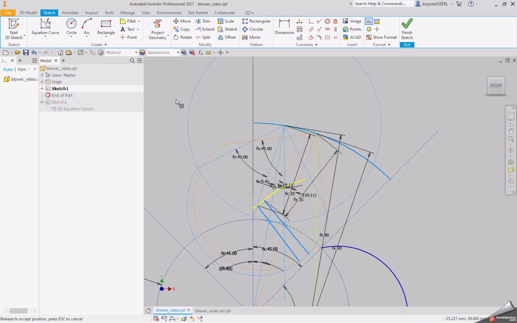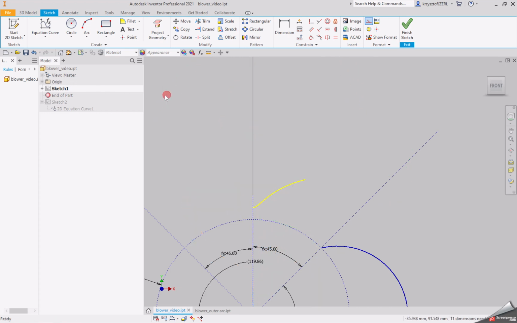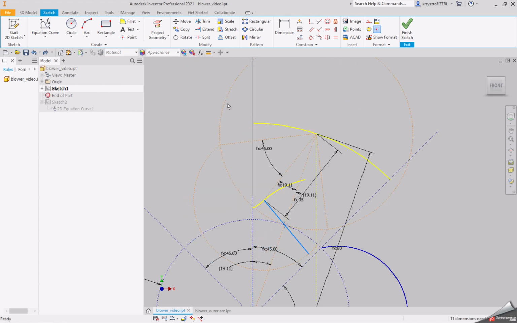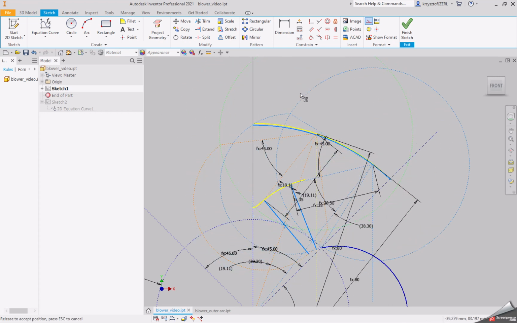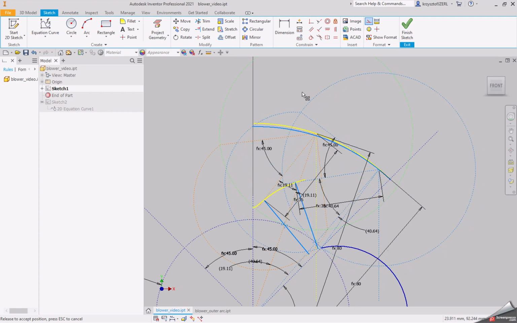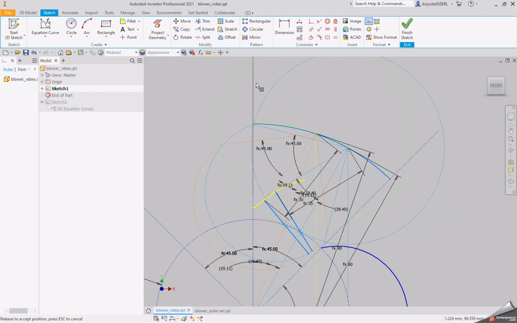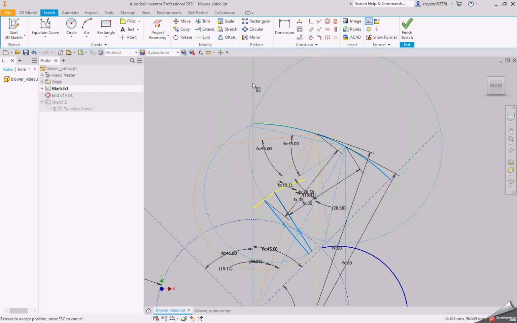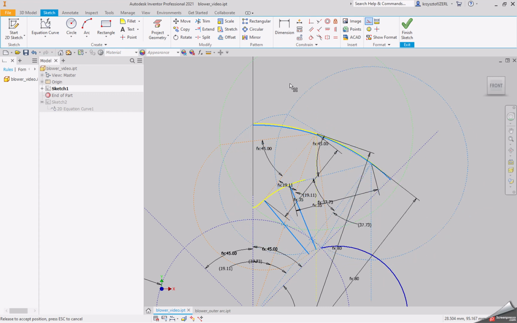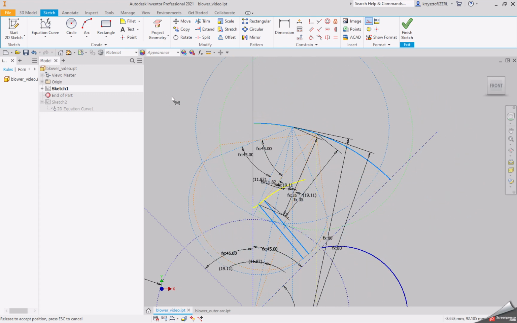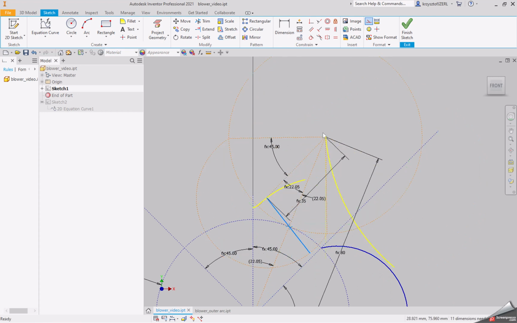The end of the blue line does travel on the equation curve we had, and the other one is destroyed.